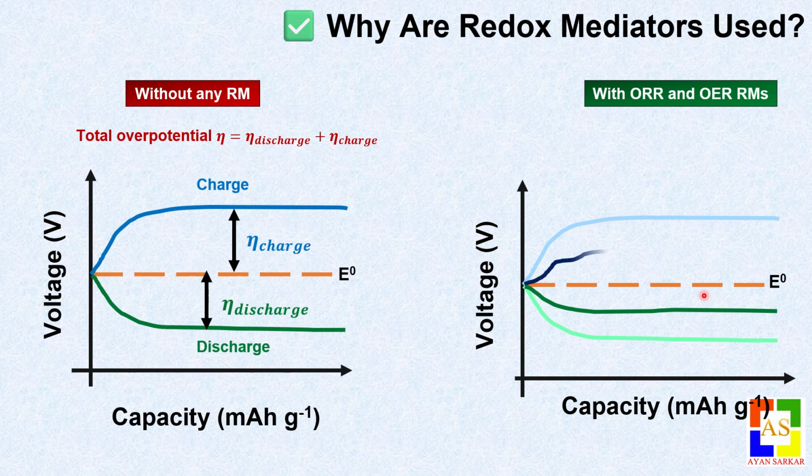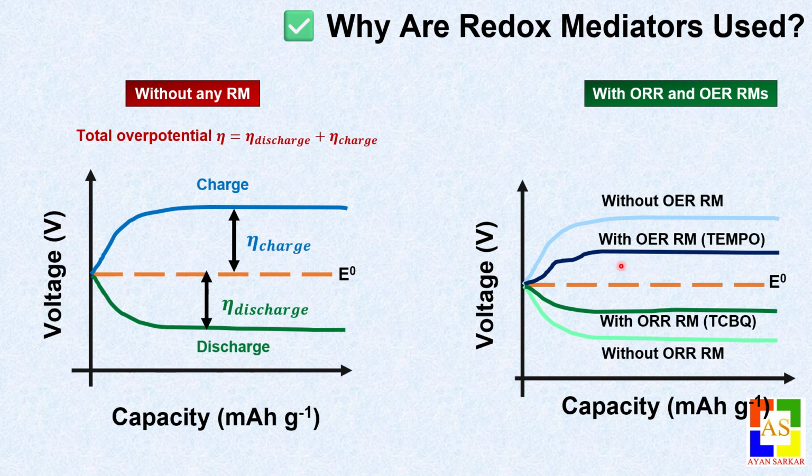And if we use OER-based redox mediators such as TEMPO, then we can see the charging overpotential also decreases. These effects come because of the oxidation of the redox mediator, and it will appear in the initial cycles. As I mentioned, TEMPO is a redox mediator which helps OER, and TCBQ can help in the ORR redox process.